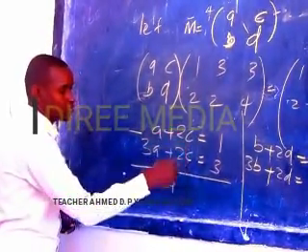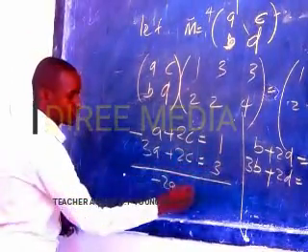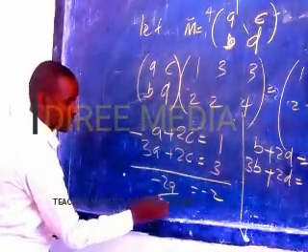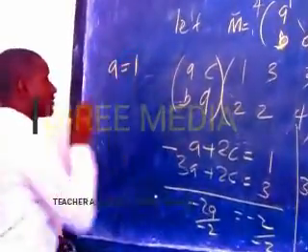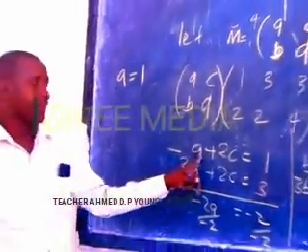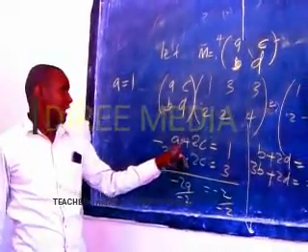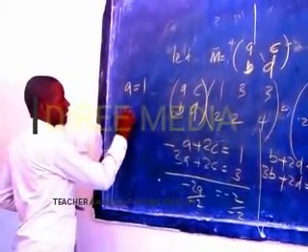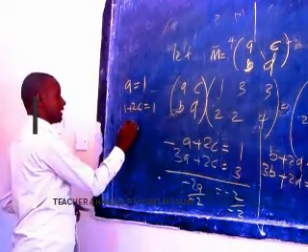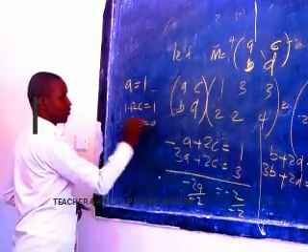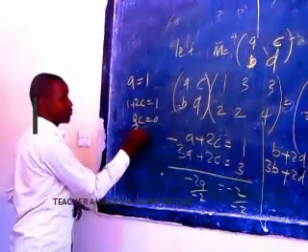Dividing by negative 2, A is equal to 1. If A is 1, then 1 plus 2C is equal to 1. Taking 1 to the other side, 2C is equal to 0. Dividing by 2, C is equal to 0.